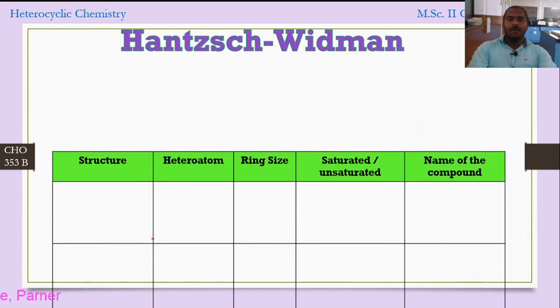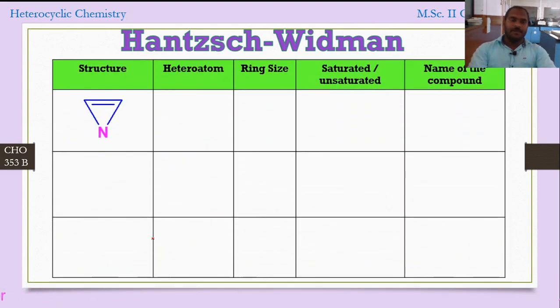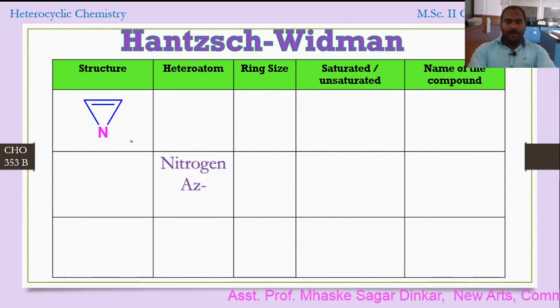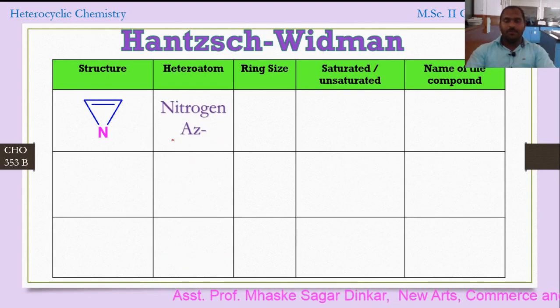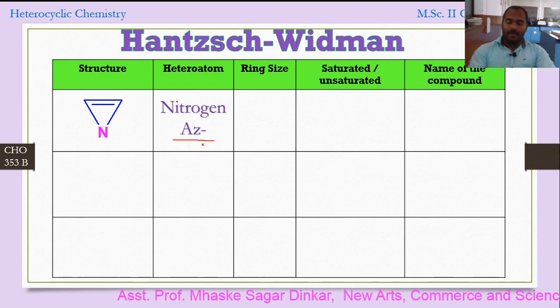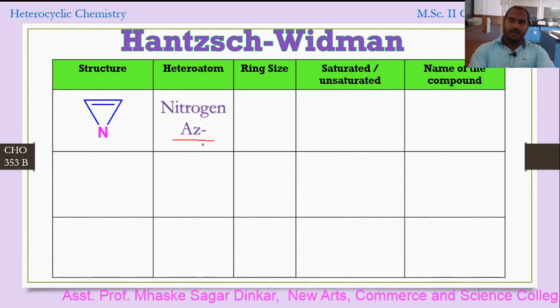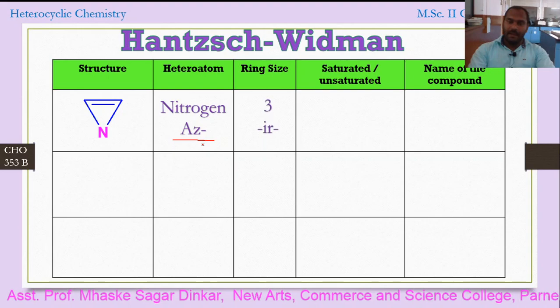Here we are considering the unsaturation. First example, there is a presence of a double bond. So it is an unsaturated three-member cyclic structure having a nitrogen atom, right? So the heteroatom is nitrogen, therefore aza. What is the size? Three-member, therefore IR.